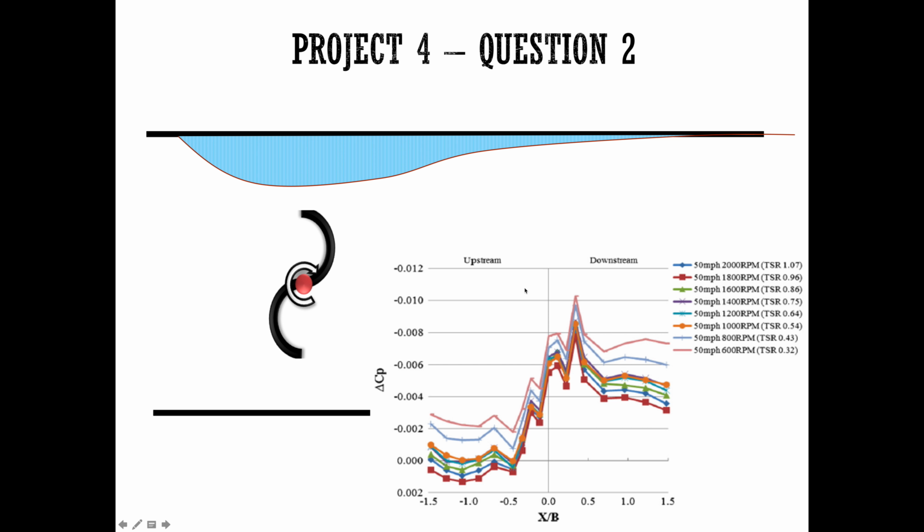So what you'll be doing is just picking any of the cases here. The different lines represent the different RPM and tip speed ratio of the turbine. The free stream was set constant, which means you get 50 miles an hour coming over it, but because of the blockage, the wall will see some pressure variations.